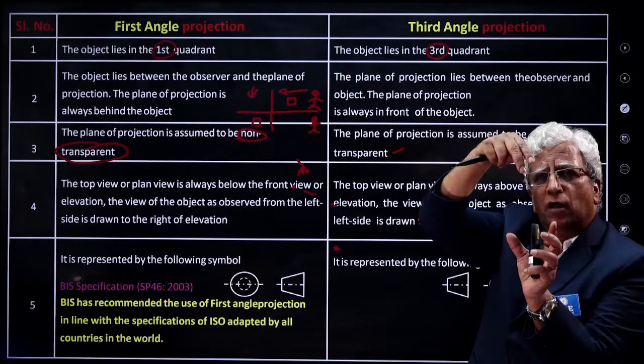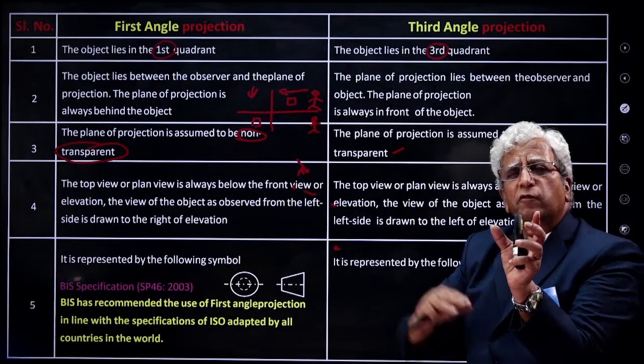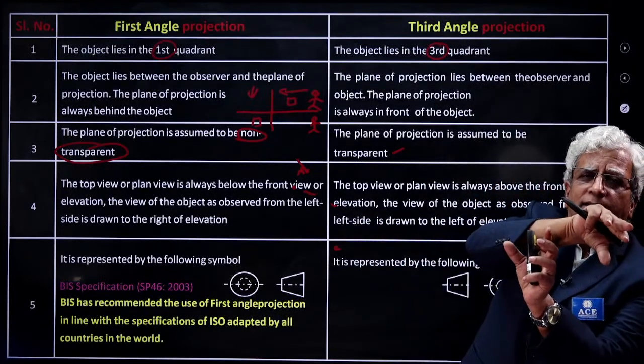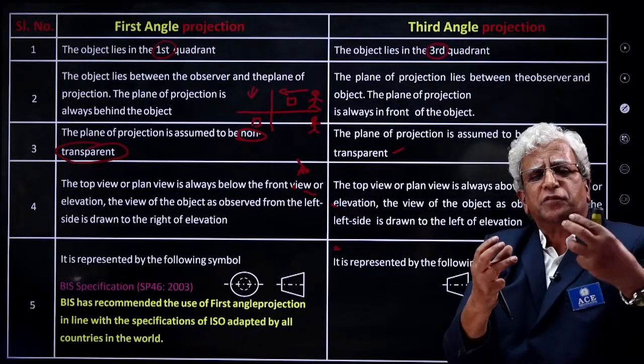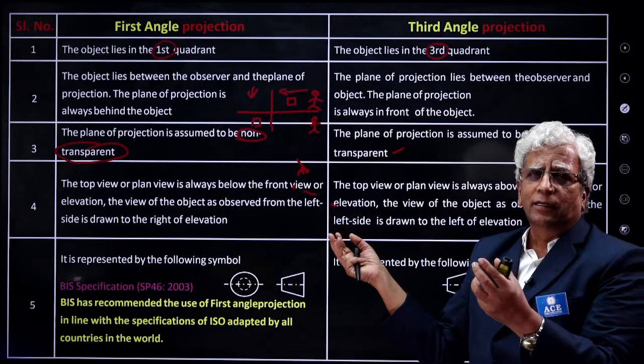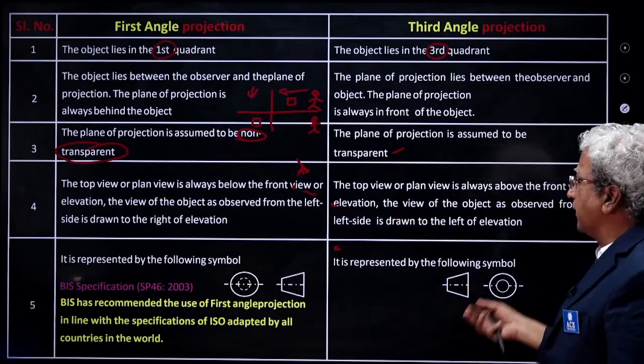You view from the top, draw at the bottom. Similarly, if you view from the right, you draw the right side view on the left side. If you view from the left side, you draw the left side view on the right side of the elevation. Anyway, while drawing things, you will understand better.